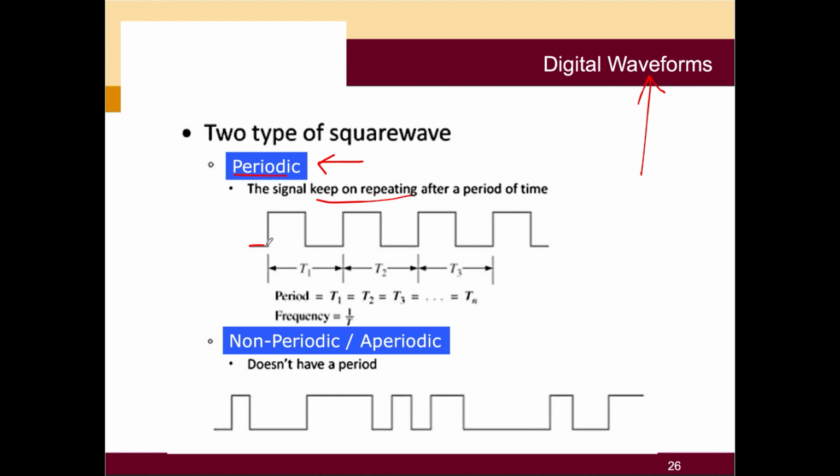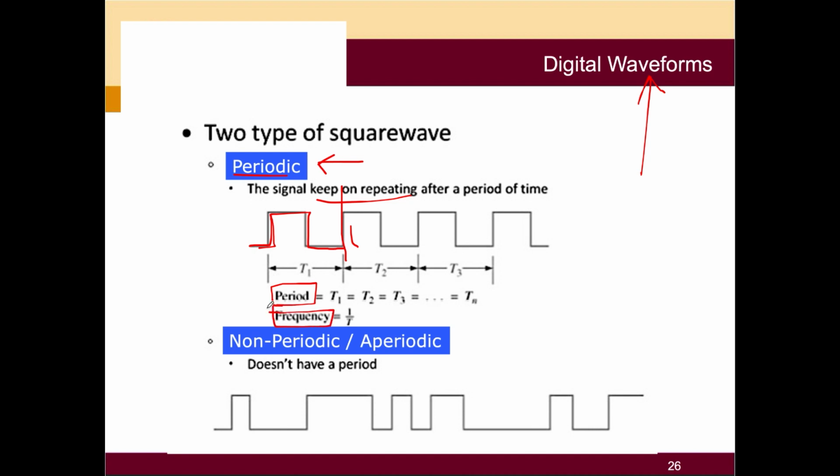So you can see over here you have this kind of signal. If you cut and paste it over here, you have it similar, and you repeat it all, so it is periodic. If you have this kind of waveform, you must have a period and also frequency.